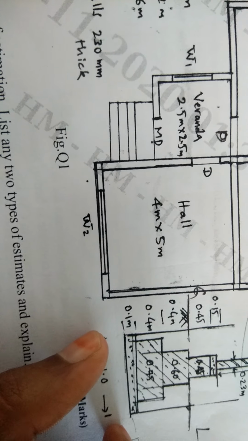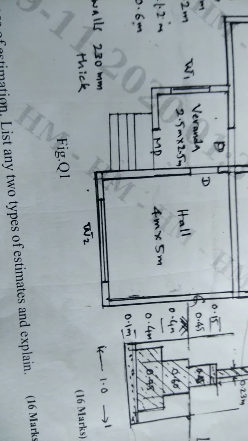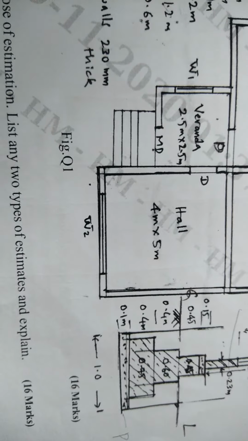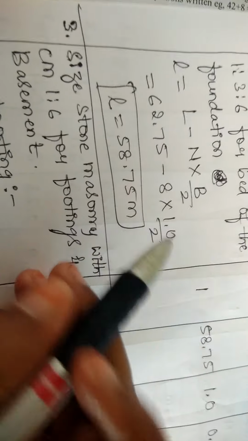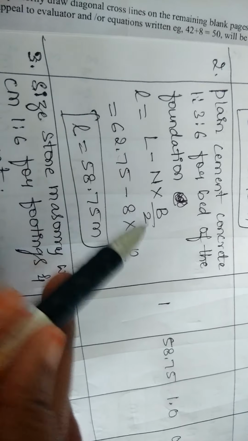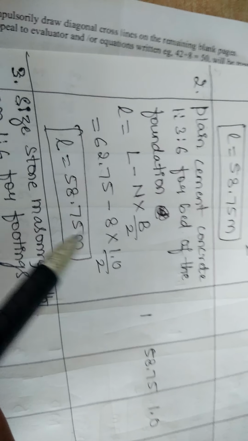So for the 1 meter length, we will excavate the soil, and for the same length we will be providing the PCC above it. Hence the width of the PCC will be the same as your excavation. Hence the value of B will be taken as 1, divided by 2. Then on simplifying this, you will get the same value of L as the previous one, that is 58.75.